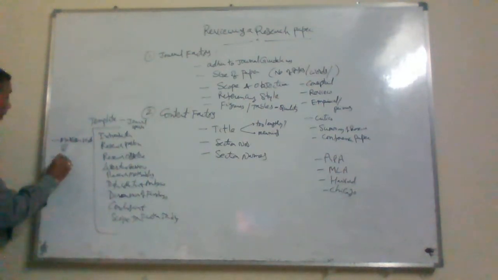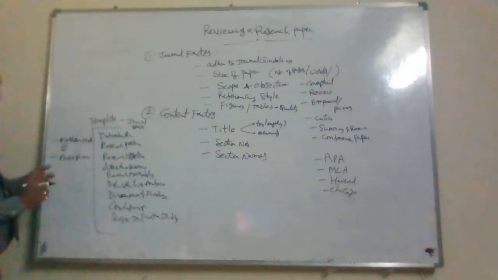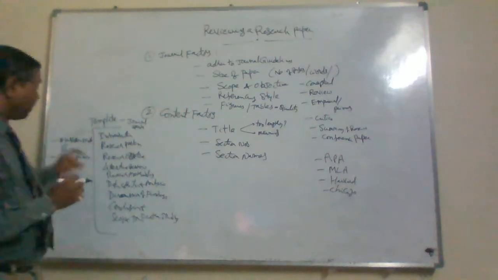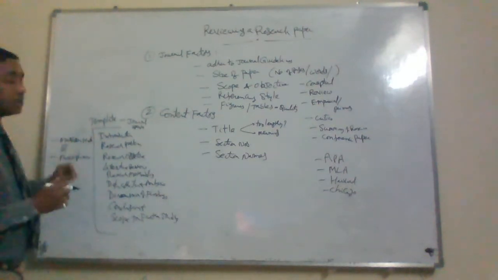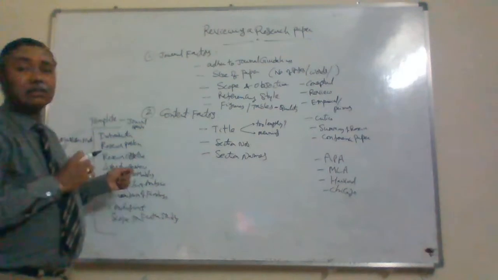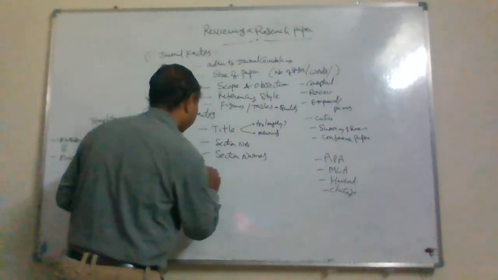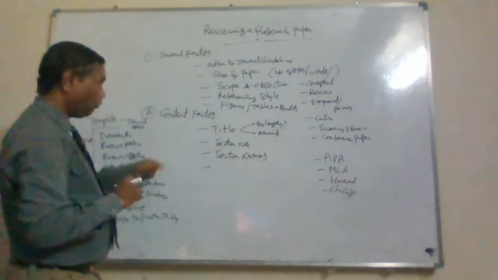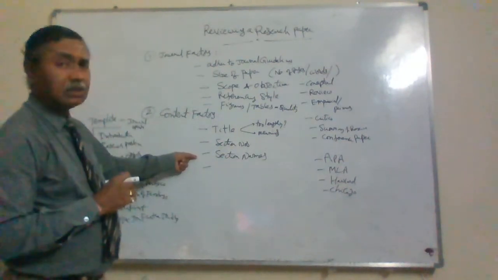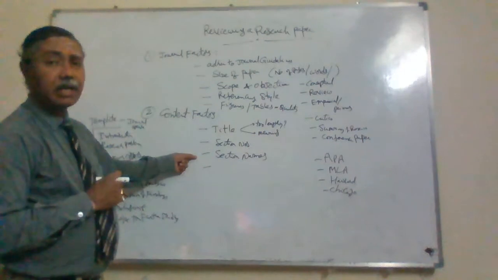Similarly, market planning, another section name. So this is another type of section names. So which standard the journal is advising, you have to verify. Right. Once you have checked the section names and section numbers, you check it right.